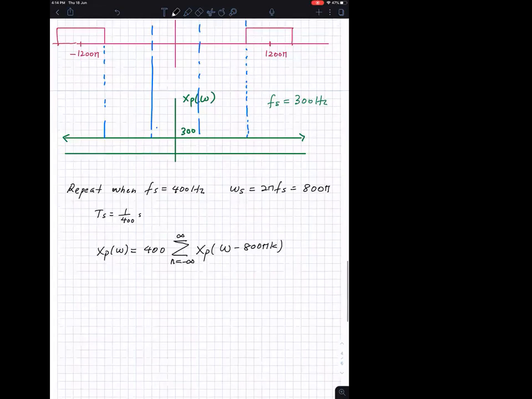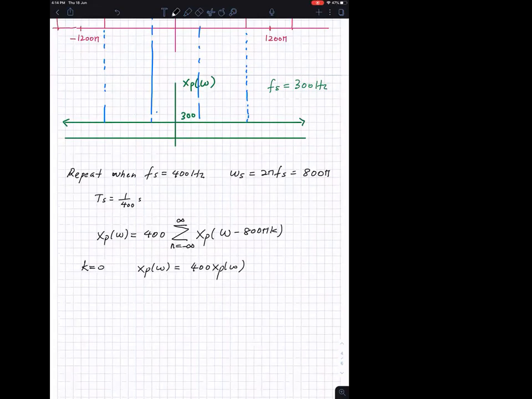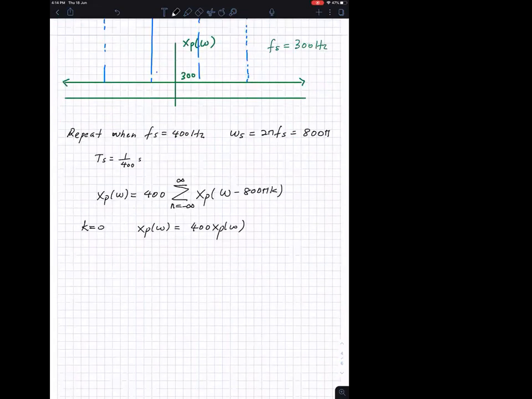When k is equal to plus or minus 1, when k is equal to plus or minus 2... Okay, any question on this?